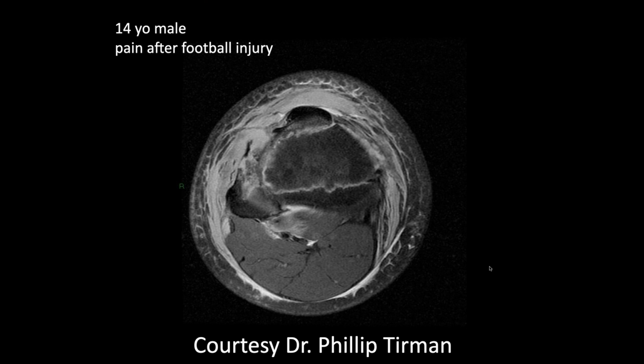So this is a 14-year-old male with pain after a football injury. This is an axial sequence of the knee. First of all, there's extensive soft tissue edema. There's fluid signal extending posteriorly through the tibia, and there also seems to be a defect of the fibula anteriorly.